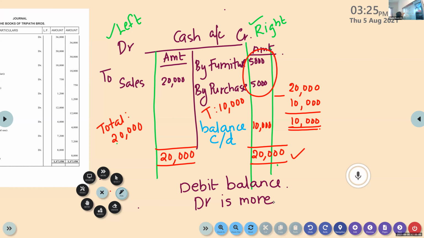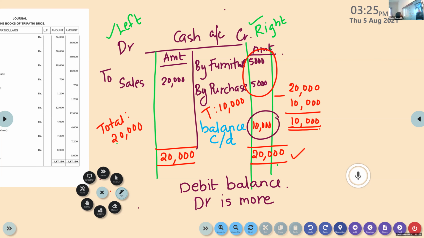And we had 20,000 rupees in hand. By sales, the business has got 20,000 rupees. Out of this 20,000 rupees, 10,000 is gone. And now the balance 10,000 is available with the business.